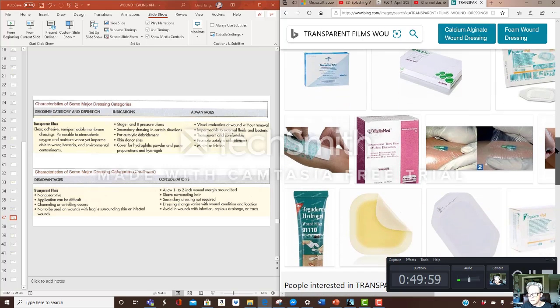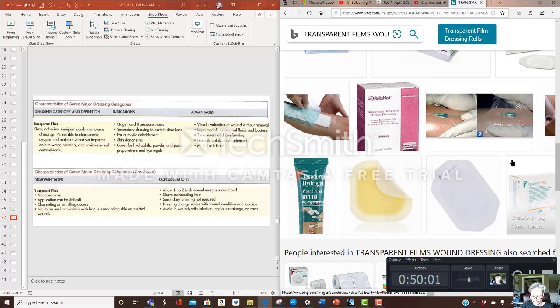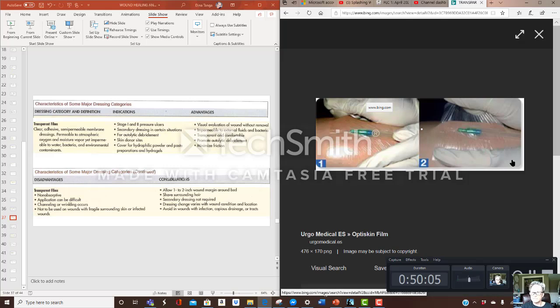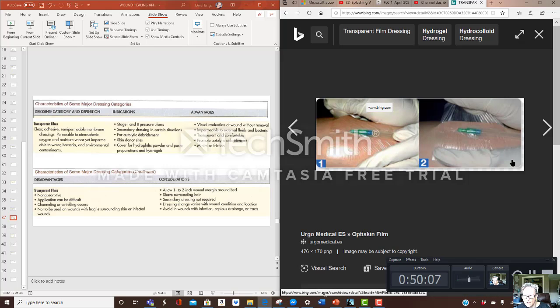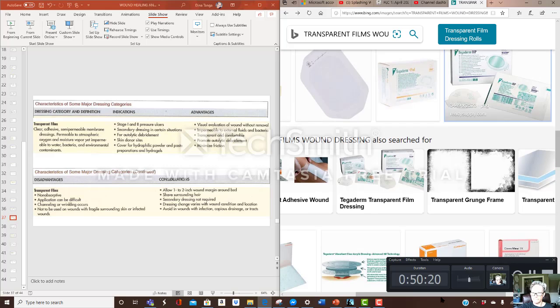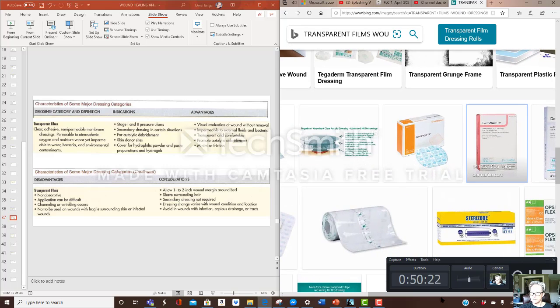I use that a lot in the hospital. This one right here is Optiskin film. Yeah, I'm familiar with that one, that's for sure. What else we got here?